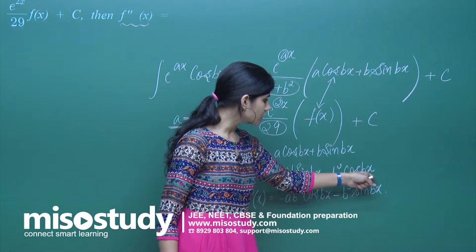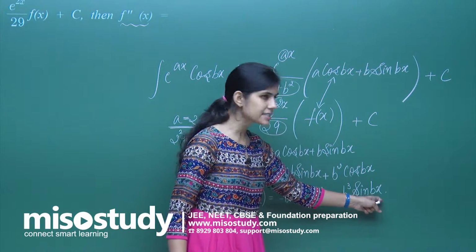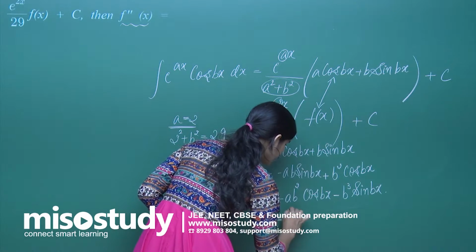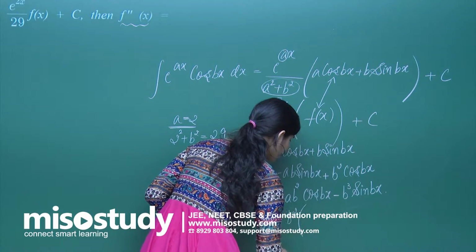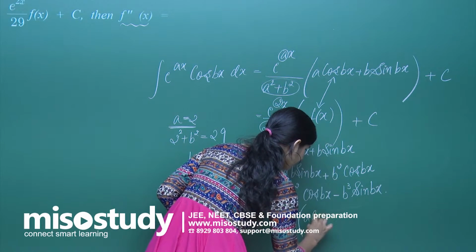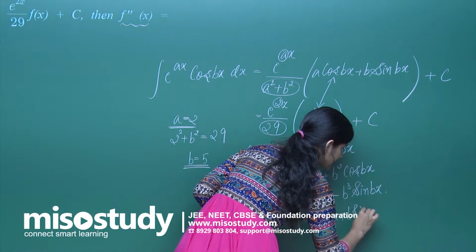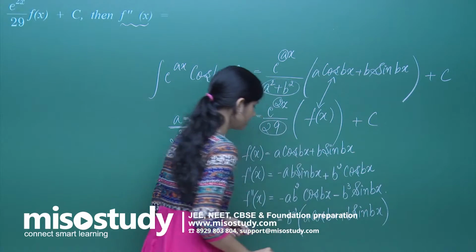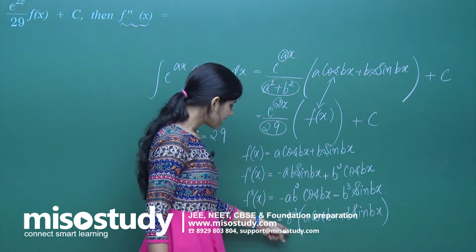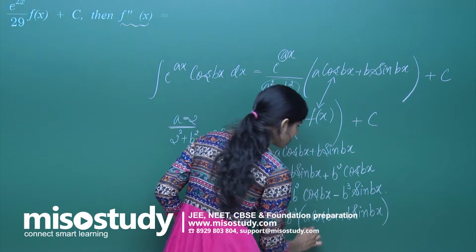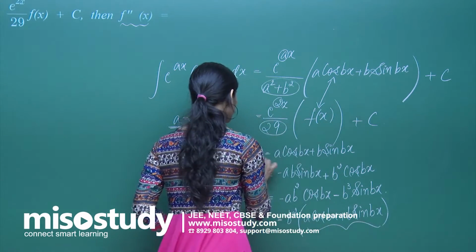Because d by dx of cos bx is minus sin bx into b, b square is already over here. So from here if you take out minus b square common, you are left with a cos bx plus b sin bx, isn't it? This is minus a b square cos bx minus b cube sin bx, but a cos bx plus b sin bx is equal to f(x).